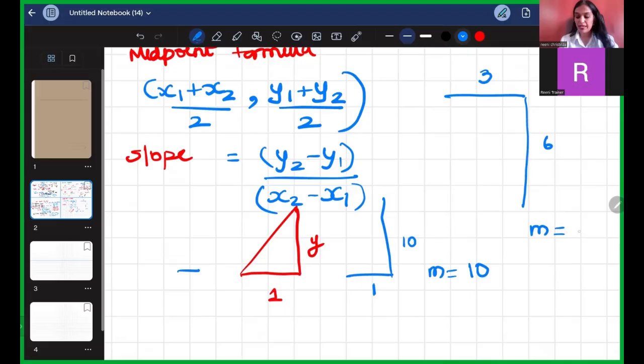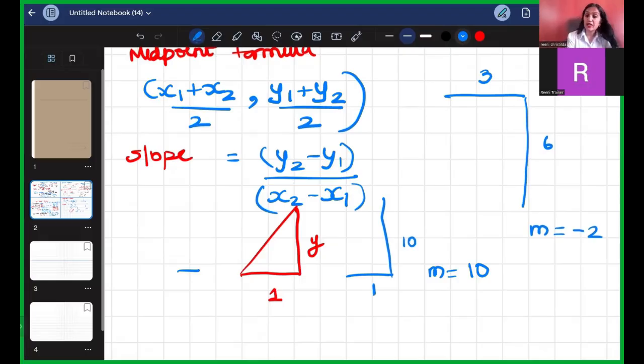It is -2, because -6 by 3. So y has gone down by 2 units for every 1 unit increase in x. This is very important in SAT problems, right?